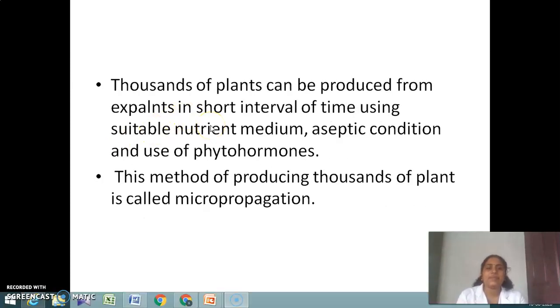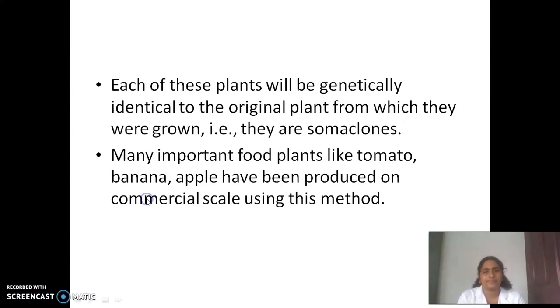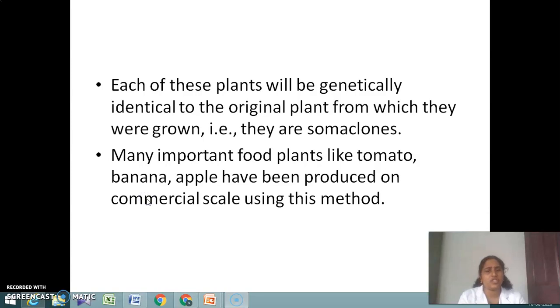Thousands of plants can be produced from explants in a short interval of time using suitable nutrient medium, suitable conditions and the use of phytohormones, plant hormones. This method of producing thousands of plants is called micropropagation. Each of these plants will be genetically identical to the original plant from which they were grown. That means they are somaclones. Somaclones means genetically identical to the original plant.